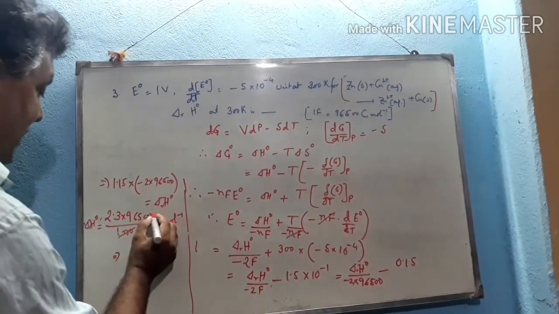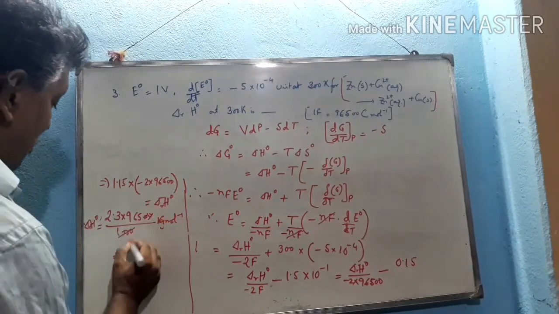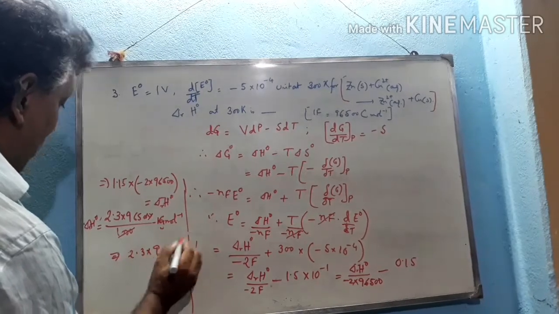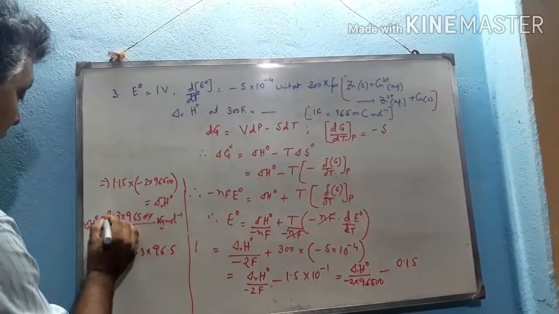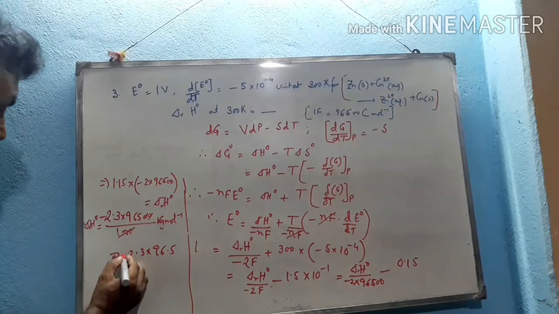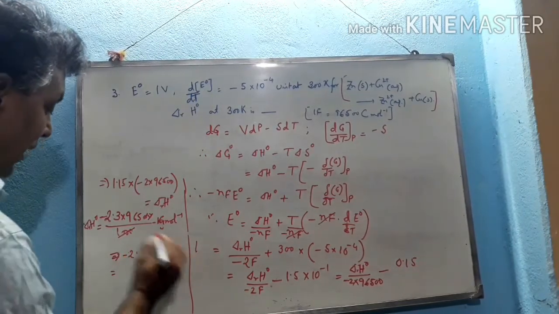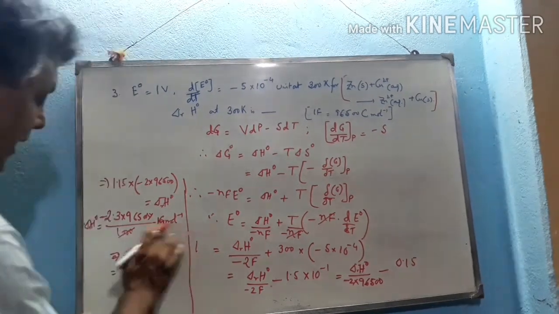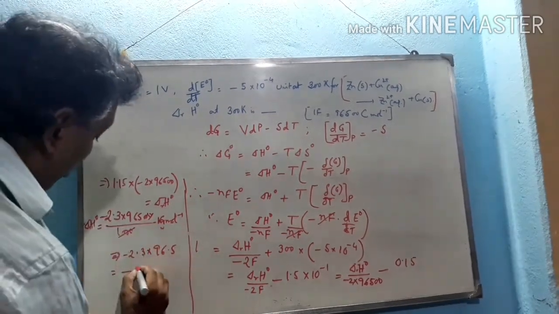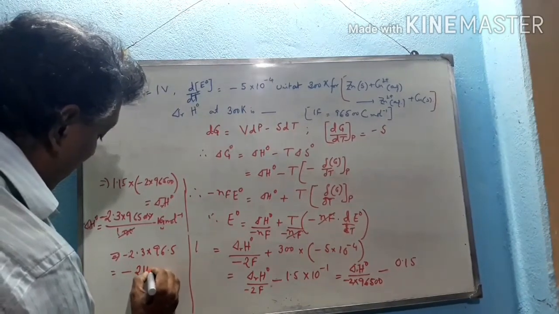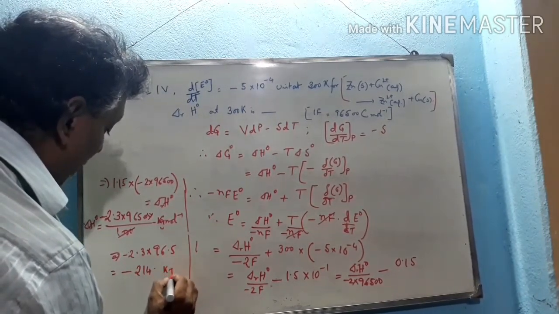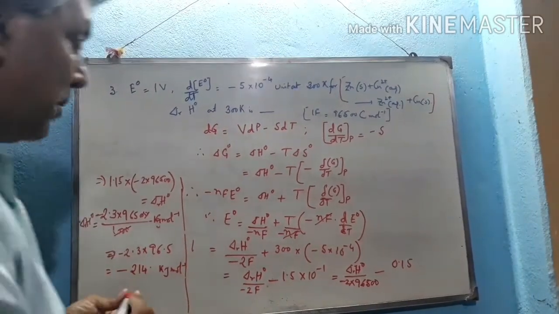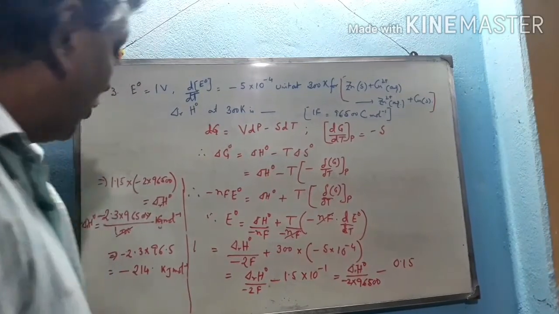So 1000 will be cancelled, and it is 2.3 into 96.5 with a negative sign in front, so minus 2.3 into 96.5. Taking 96.5 as near about 100, it is near about 230, so near about 214 point something kilojoule per mole. This will be the answer, and hence this is the actual answer of this part.